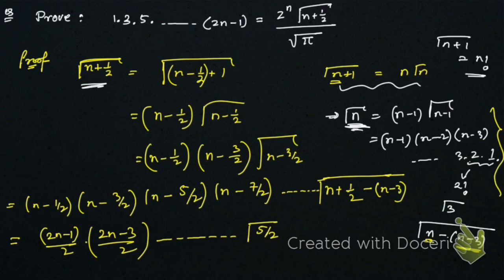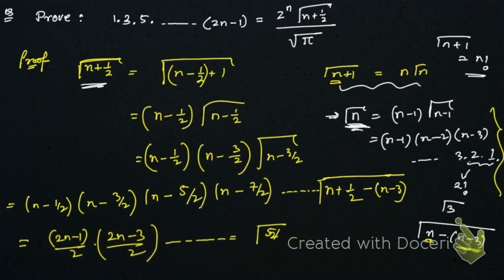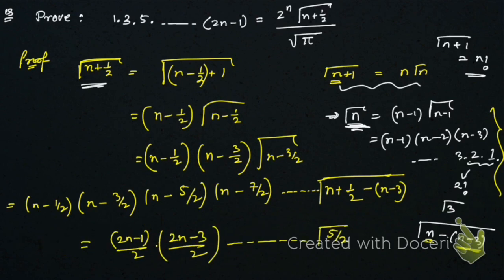Now let me copy this result and go to the new slide. Okay, so just wait. So this is nothing but gamma n plus half, right? This is gamma n plus half.